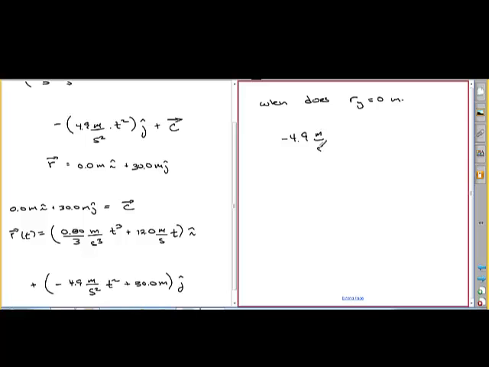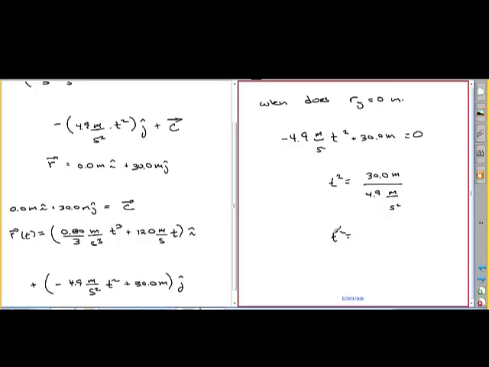So if you take the y component and set that equal to 0, I'm just taking the term in the parentheses. We'll get t squared is equal to 30 meters divided by 4.9 meters per second squared. I moved this to the other side and divided by negative 4.9, and the negatives become positive.